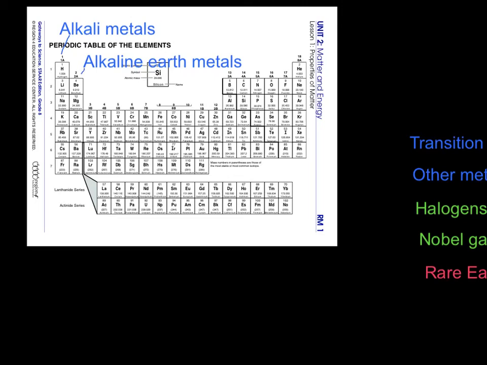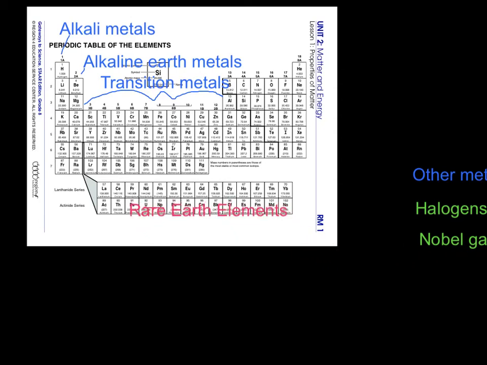Group 3 on the periodic table consists of all these elements in between, groups 3 through 12. And groups 3 through 12 are known as the transition metals. All right. Down at the bottom of the periodic table, the lanthanide and the actinide series are known as the rare earth elements.